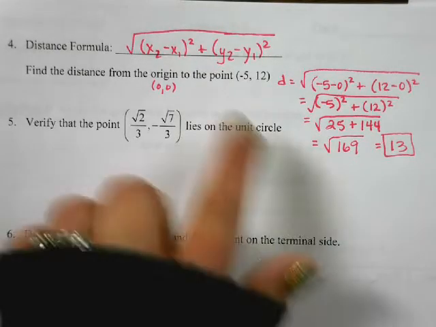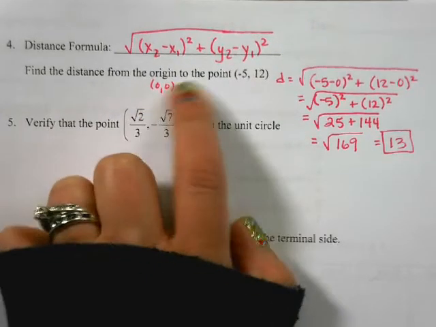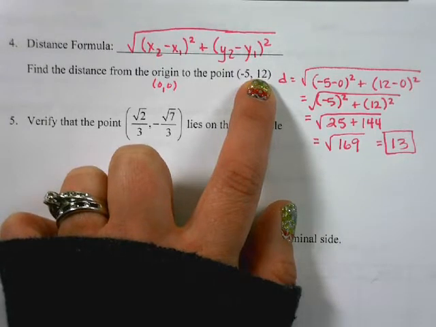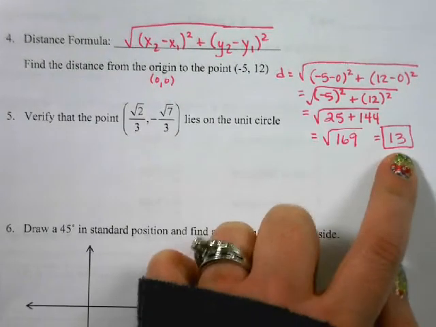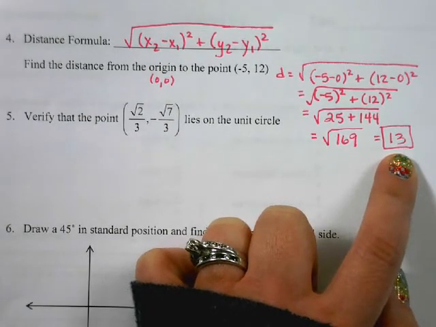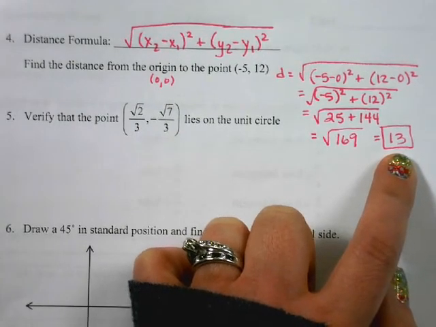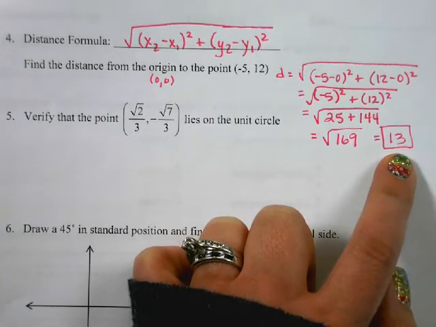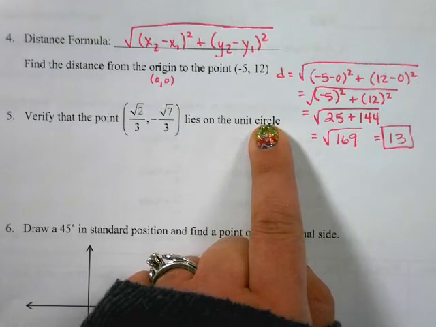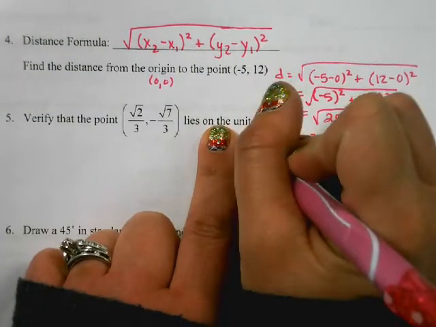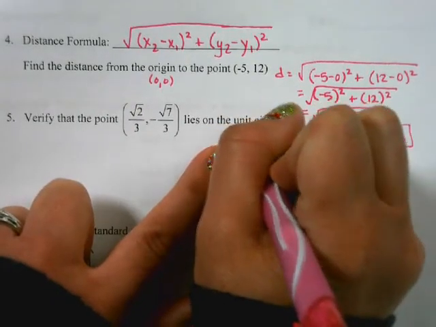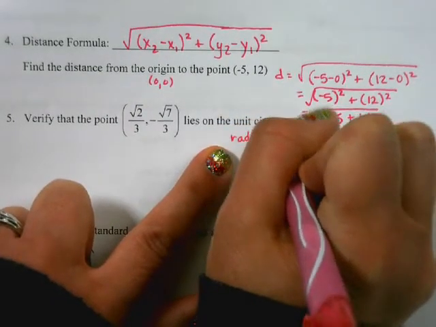Okay, well, we had a circle here centered at the origin, and the point negative 5, 12 was on that circle. And the distance between that point and the center was 13, which means that circle had a radius of 13. Well, if it's on the unit circle, the distance from the origin to that point has to be equal to 1.